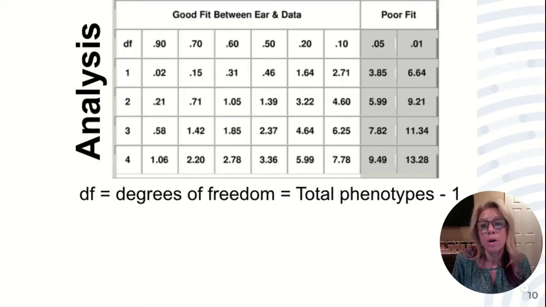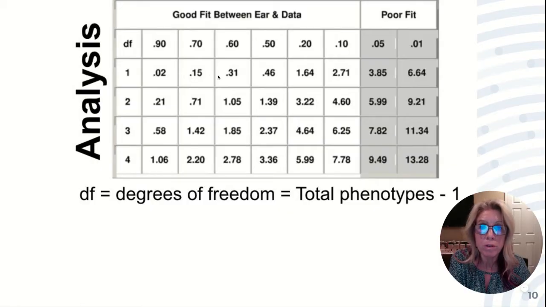In a binary world, I know there's issues with gender, just in a binary world, I have boy and girl, so I have 2 choices minus 1. That means I have 1 degree of freedom. So the only row I need to pay attention to is this row right here. And I find where my chi-squared value falls. I'm looking across this row for the number 1.